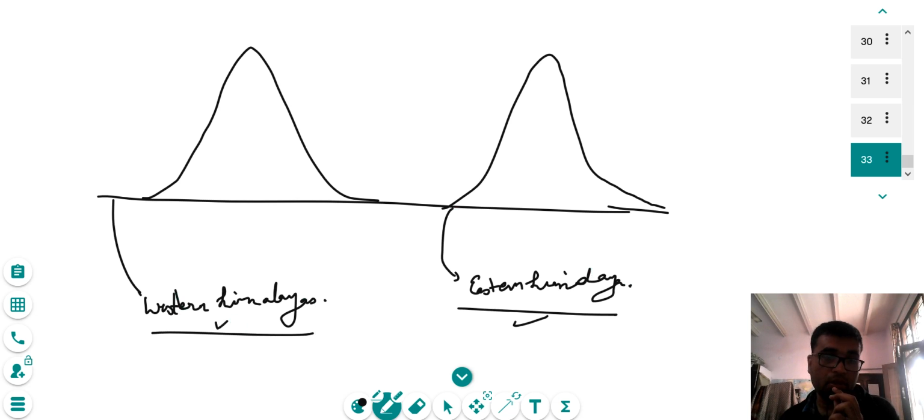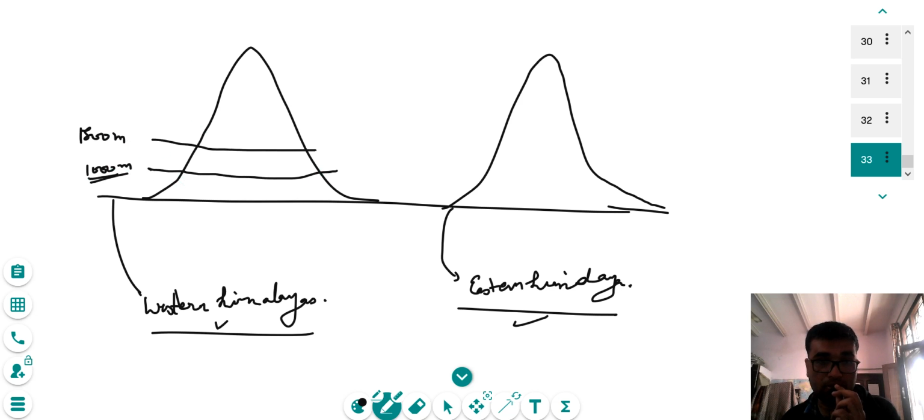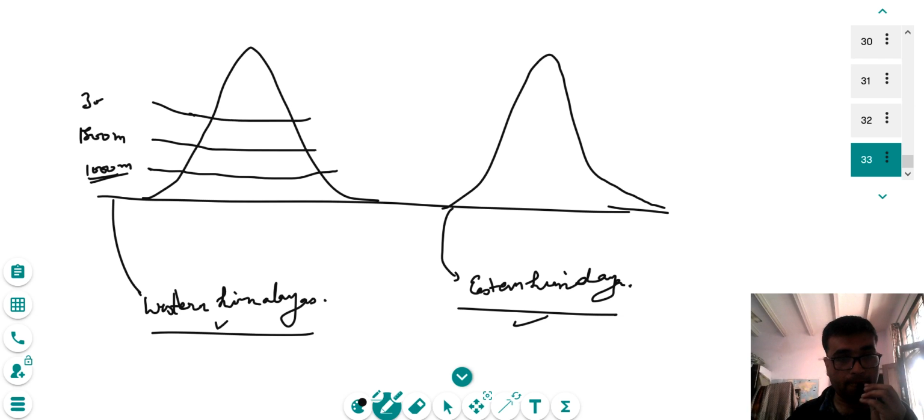According to the altitudinal position, different types of forests are found, so you have to divide this into altitudinal zonations. This is 1000 meters, this is 1800 meters, this is 3000 meters.